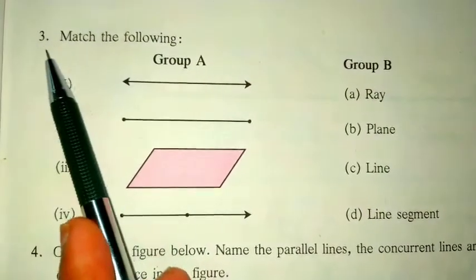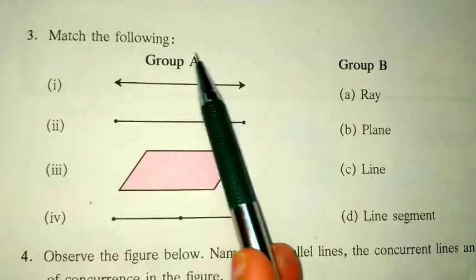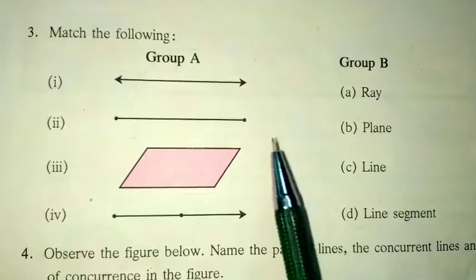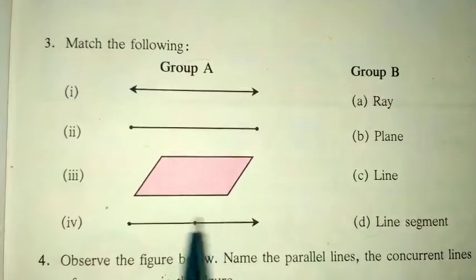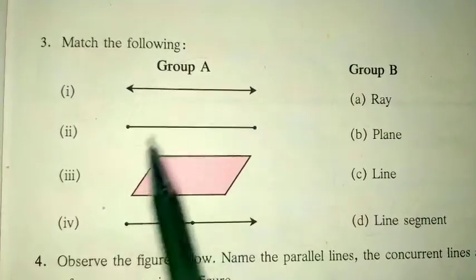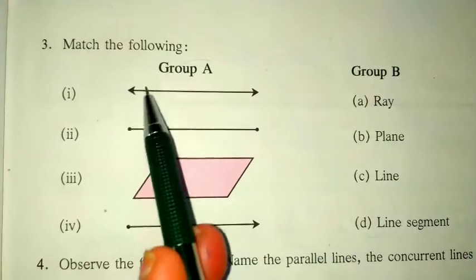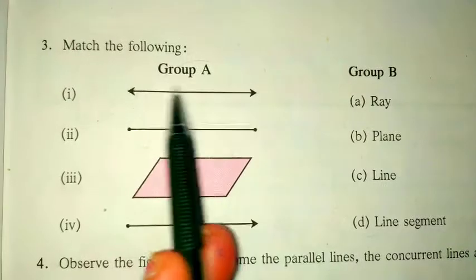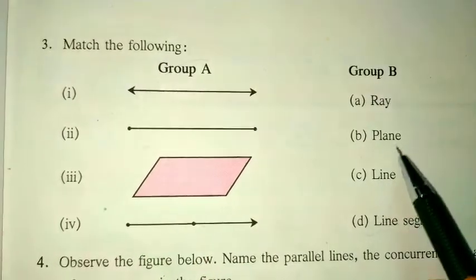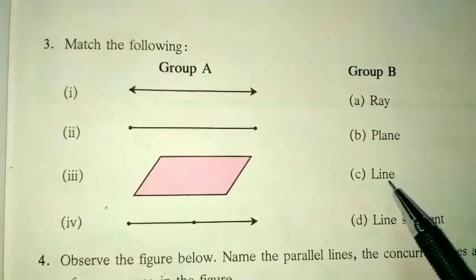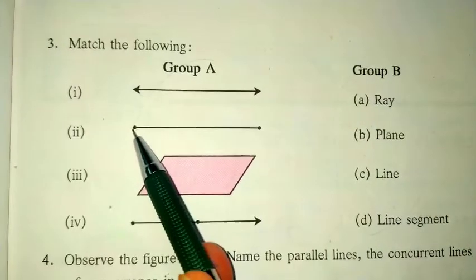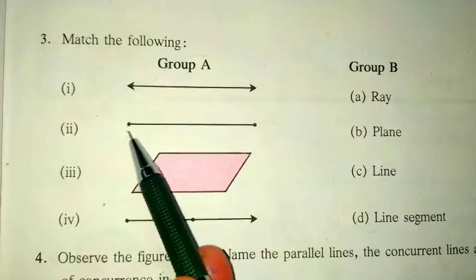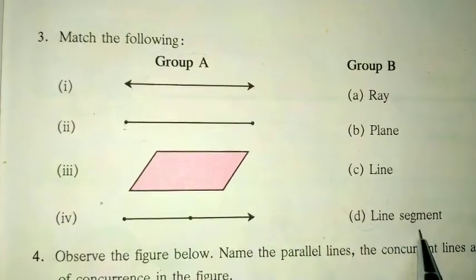Question number 3. Match the following. Here some figures are given and the names of the figures are given. In the last video you already understood the constructions of geometry. A straight line that has two arrows is called a line. Next, a straight line with two points is called a line segment.